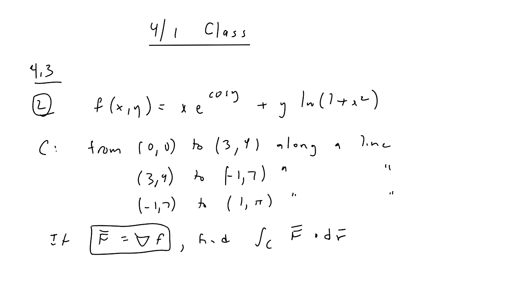So that says it's conservative, and that says that therefore I don't care about the paths. All I need is to plug in the two endpoints into that potential function.